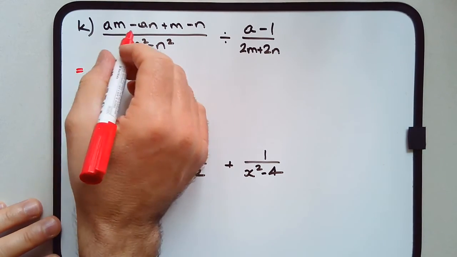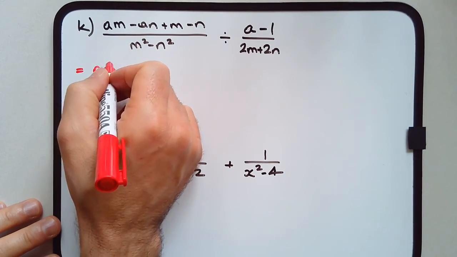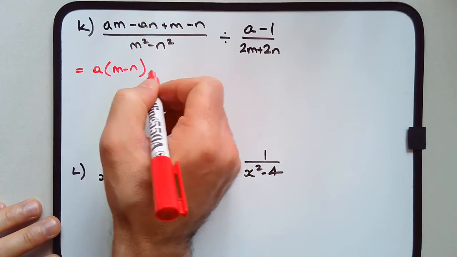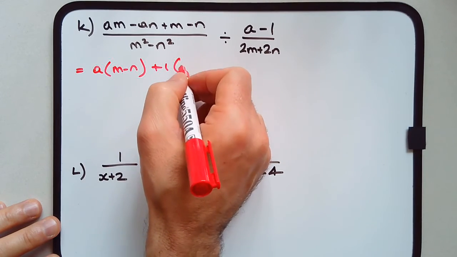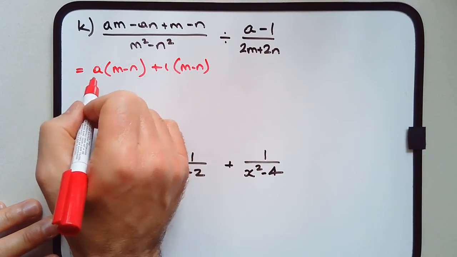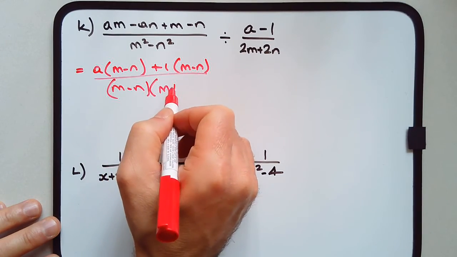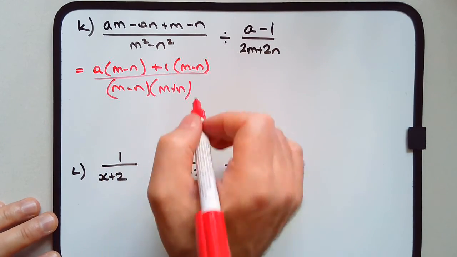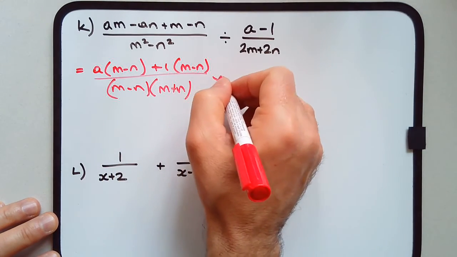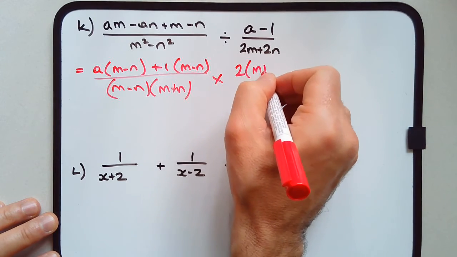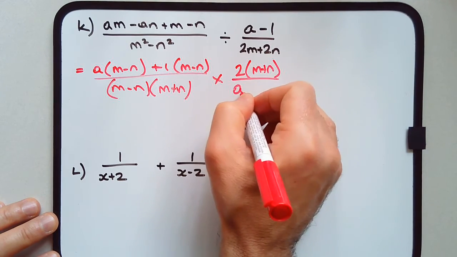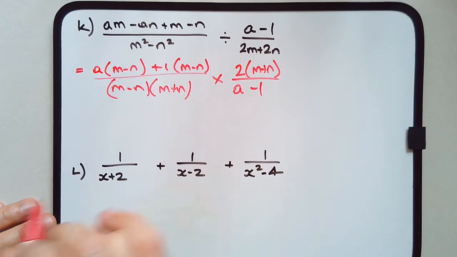Okay, so again we can take our a as a common factor. All right, m minus n plus 1 outside of m minus n over m minus n, m plus n, okay, and multiplied by 2 outside of m plus n over a minus 1. All right. Can we cancel a few things out here?